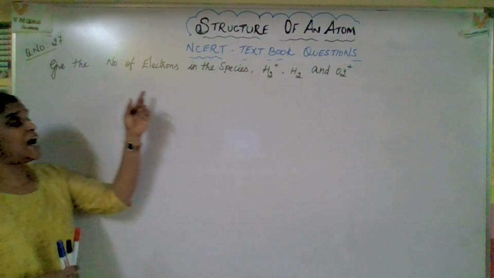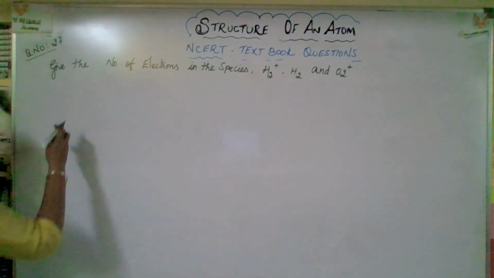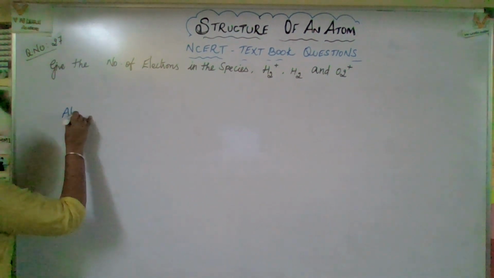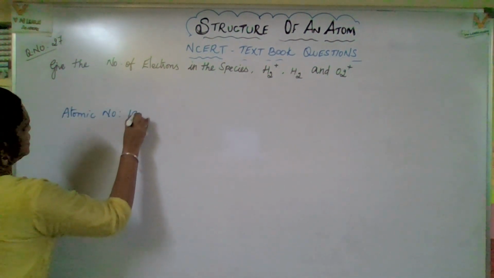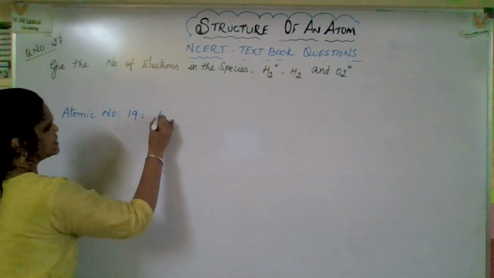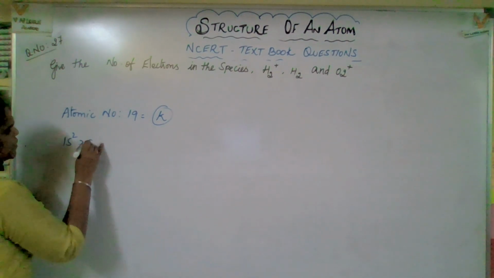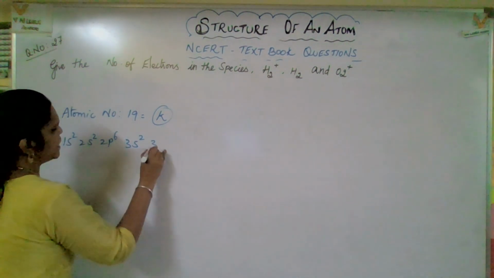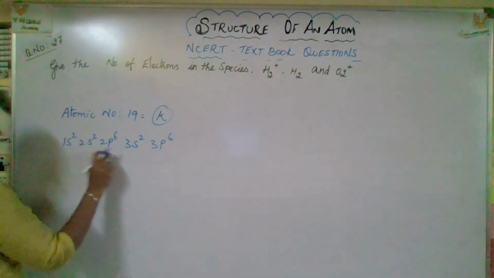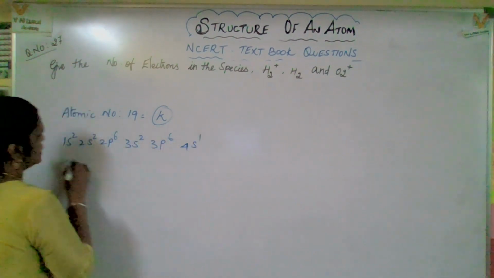As I mentioned, atomic number 19. What is it? It's potassium. So how can you fill that? 1s2, 2s2, 2p6, 3s2, 3p6. Here how many? 18. 4s1.